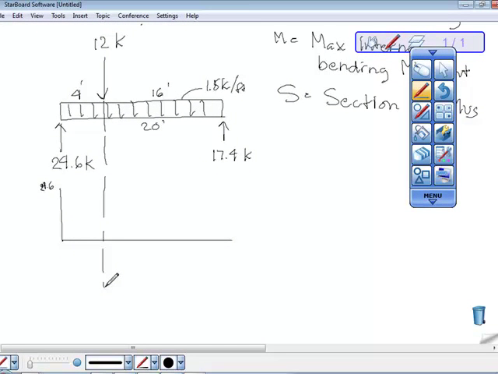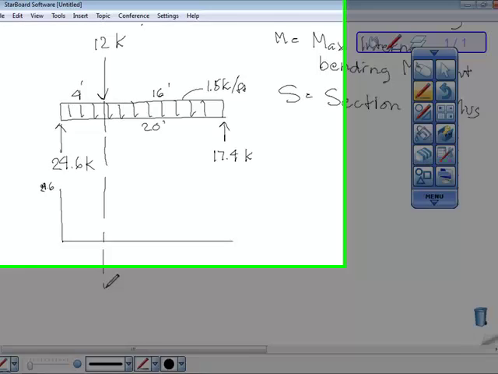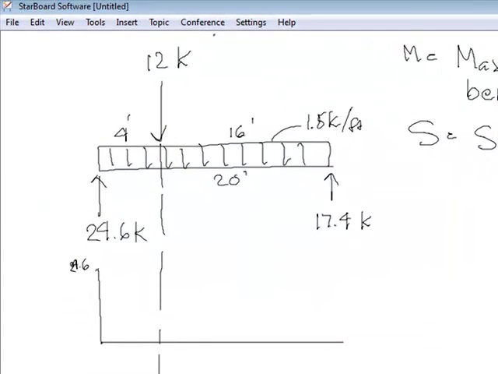What is 1.5 times 4? Right. So when you have a uniformly distributed load, it's a slanted line and goes down about 6 units. That would be 18.6, right? So it lines up with there.